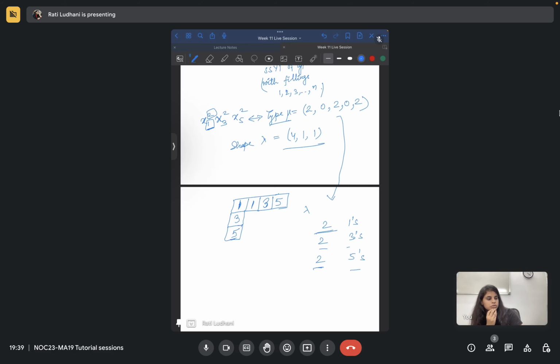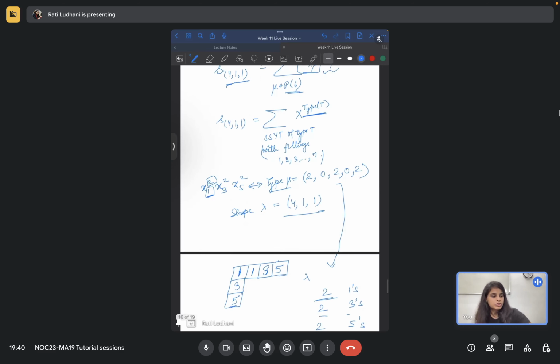So for example, if you have just 1 1, then you would get 2, but in this question there is just 1, sorry. So the coefficient of x1 square, x3 square, x5 square in the Schur polynomial 411 is 1, right?